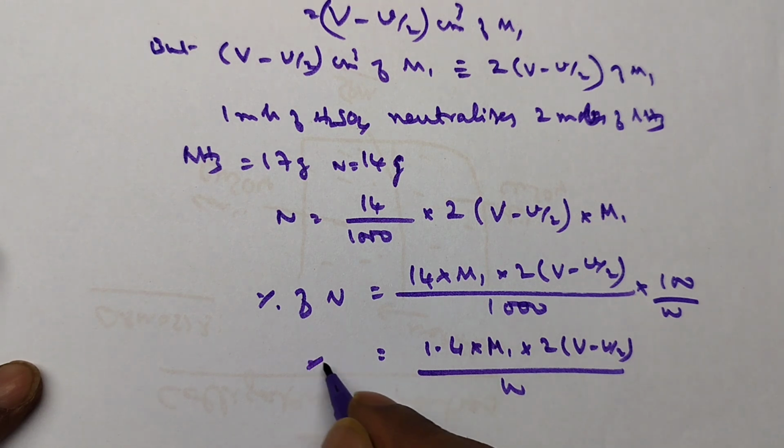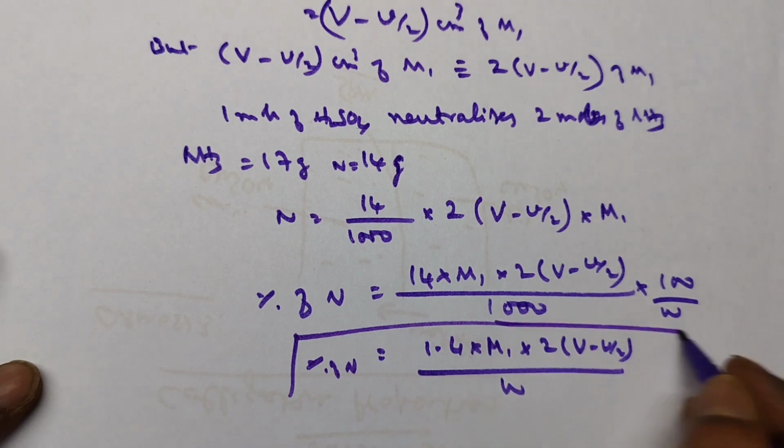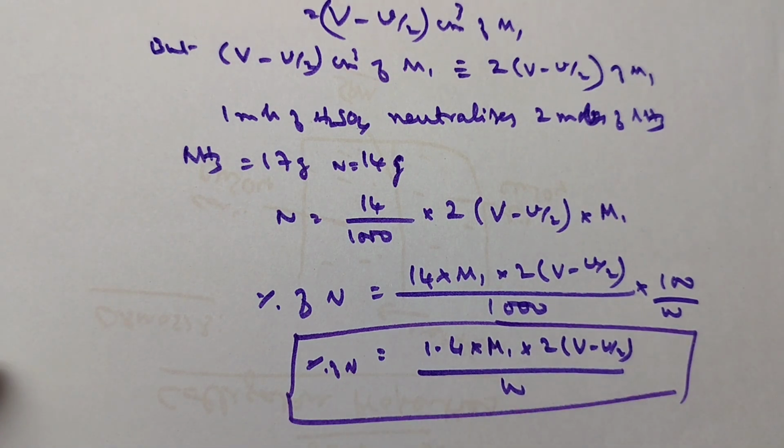This is the formula for percentage of nitrogen. Based on this we can find out how much nitrogen is present in the organic compound by the Kjeldahl method.